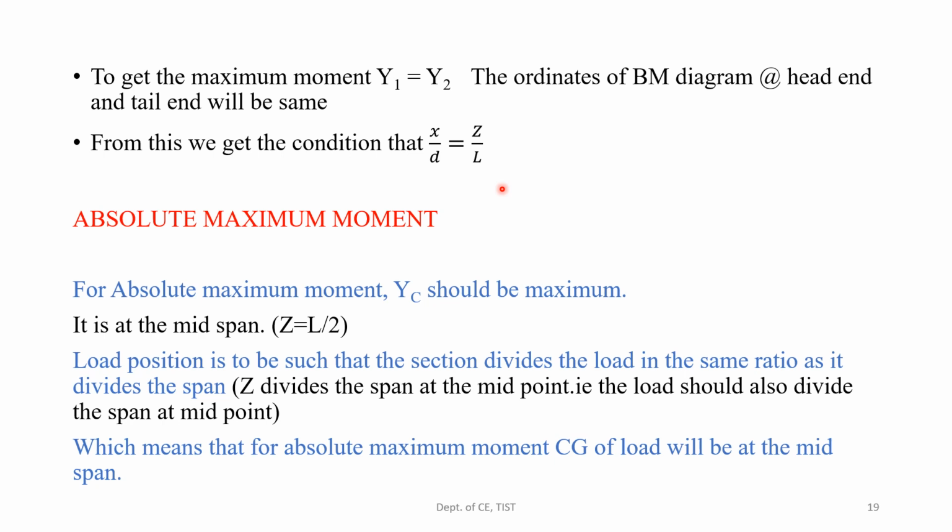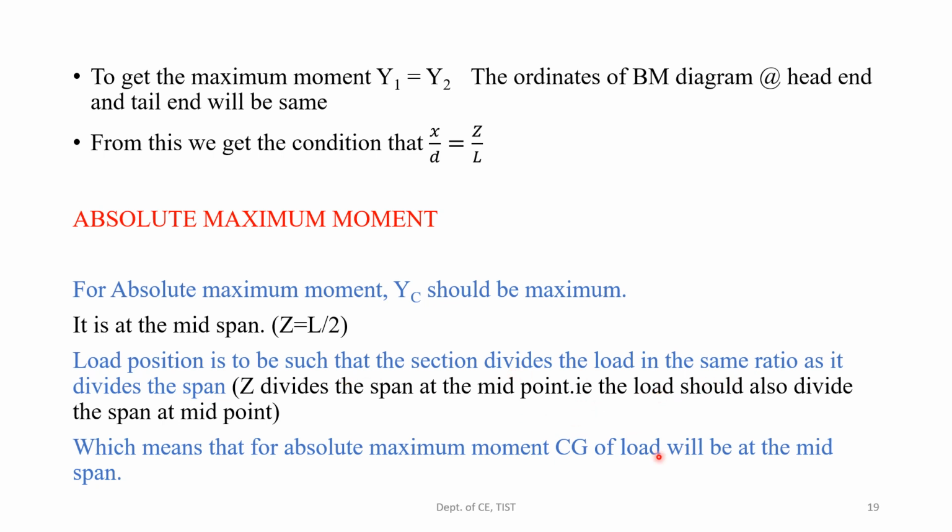Then coming to the absolute maximum bending moment, for absolute maximum bending moment the ordinate YC should be maximum, that is, the UDL should be placed in such a way that the midpoint of the UDL is at the midpoint of the beam. The load position is to be such that the section divides the load in the same ratio as it divides the span.